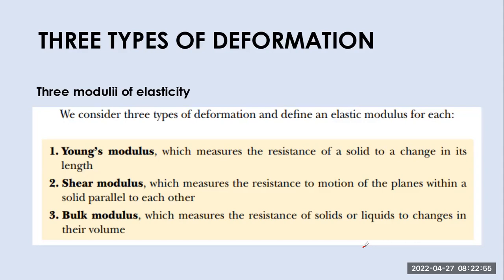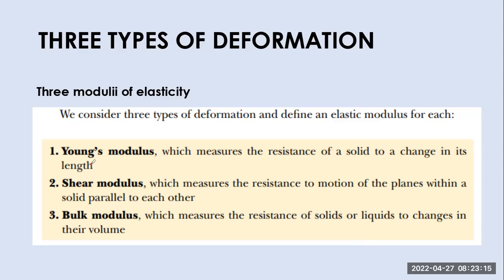Next is shear modulus, which measures the resistance to motion of the planes within a solid parallel to each other. Last is yung ating bulk modulus, which measures the resistance of solids or liquids to change in their volume.